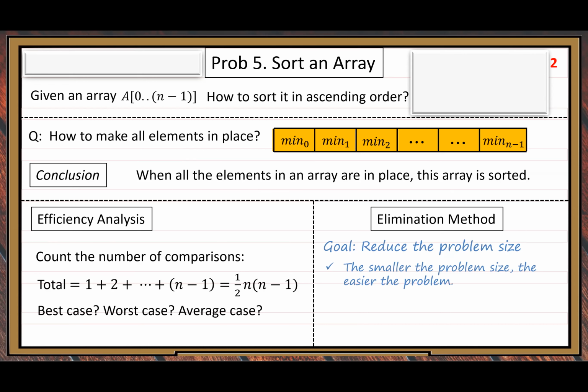I can give you an example: prime factorization. If you do prime factorization on some number n, the n value, its magnitude, we treat as the problem size. Suppose n is 1,000, which is larger, compared with 357.